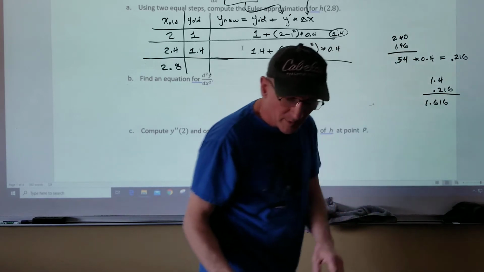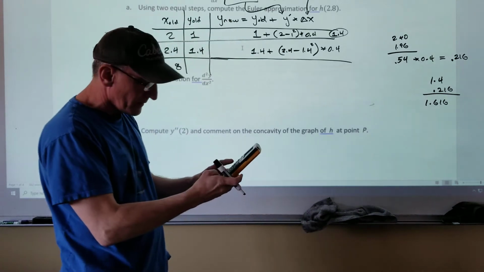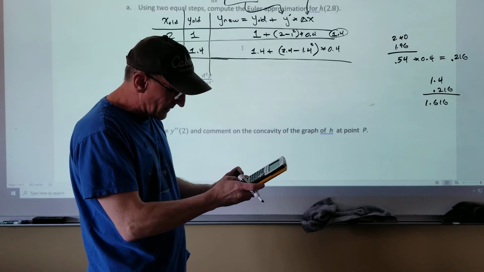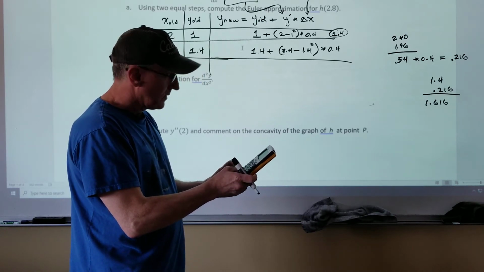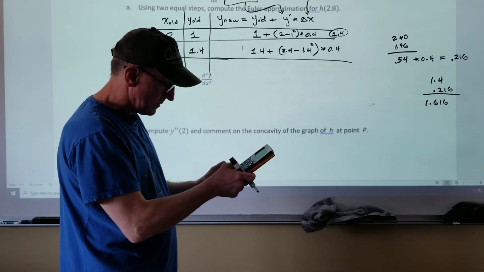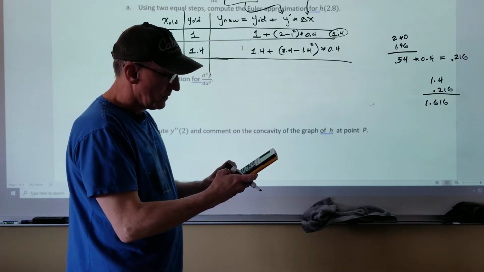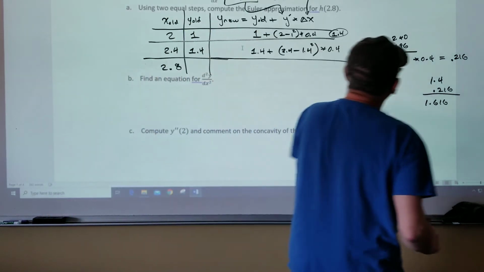Just in case I made a mistake in there, I'll try it with the calculator. And if the calculator disagrees with me, we will defer to the calculator. Yeah, it says 1.576. So, all right, we'll go with that.